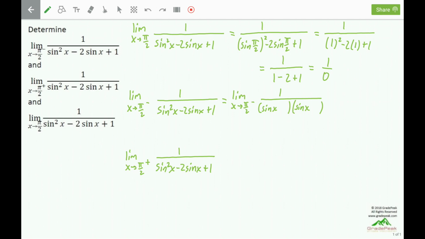We need two numbers that multiply to be a positive 1 and add to be a negative 2. Negative 1 and negative 1 will take care of that. And so the factors match each other, and therefore this can be written as the factors multiplying by being quantity squared: sine of x minus 1 squared.